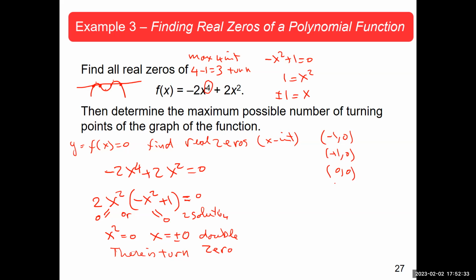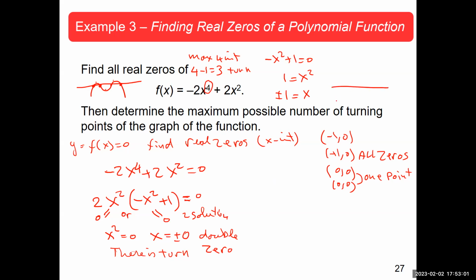I can write it this way again. These are all zeros, which is really 4 points. But this one looks like 1 point. So for that one to look like 1 point, how should the graph look?